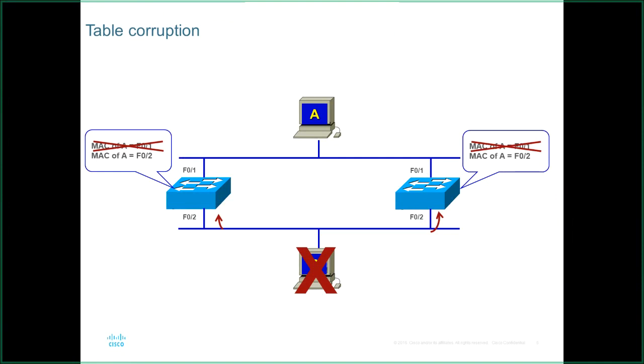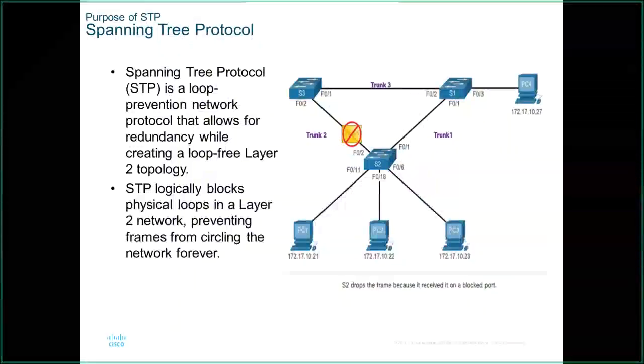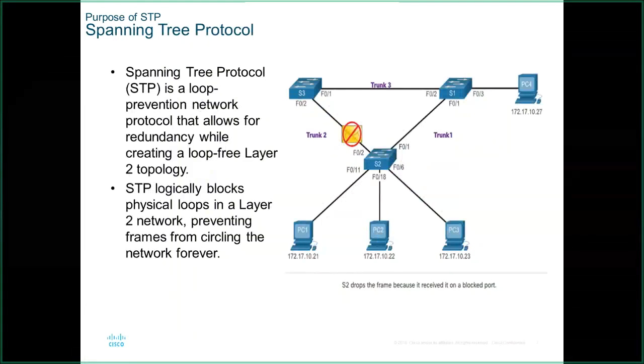And the tables are now updated with port 2 as the source of the MAC address of device A, and it rinses and repeats and continues to do that.